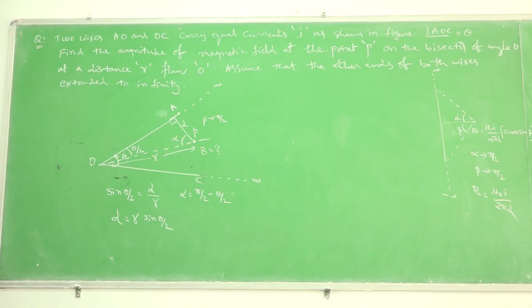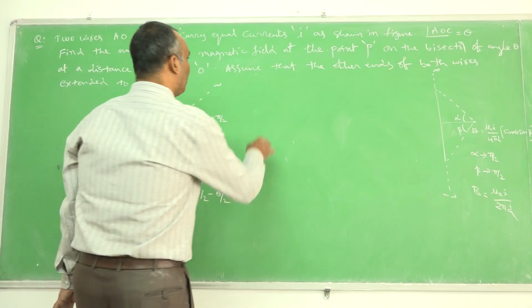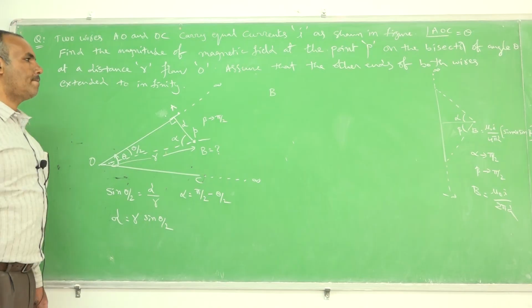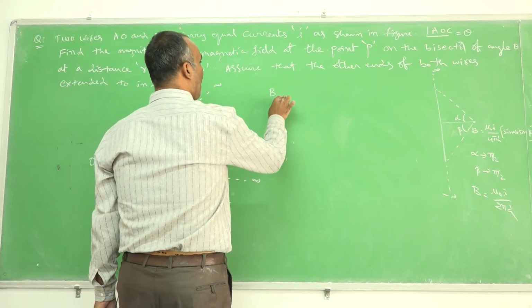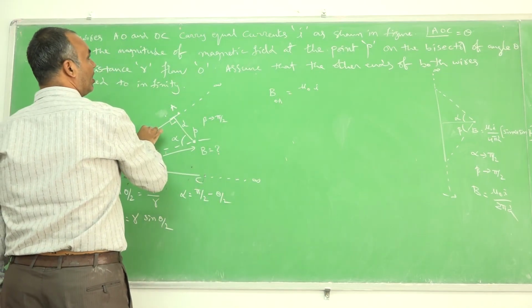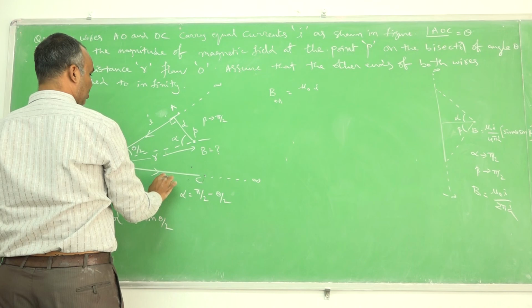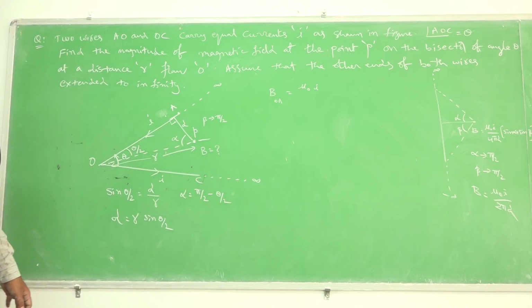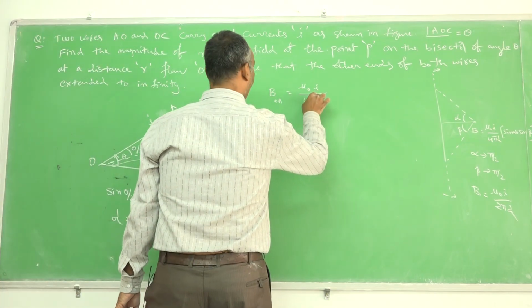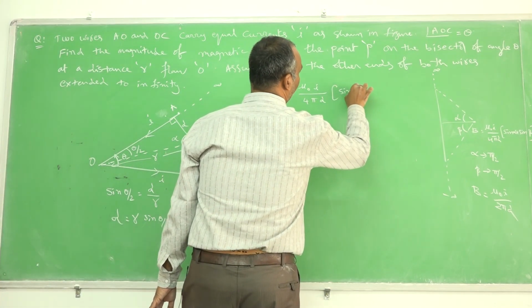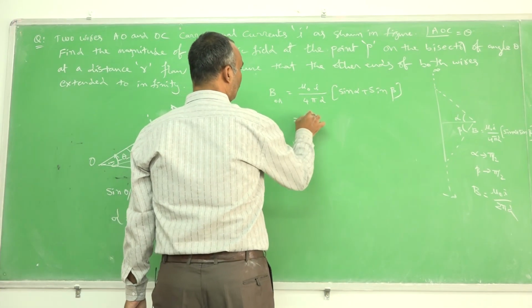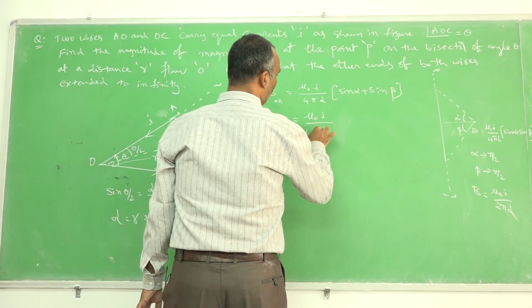As per the general formula, the strength of the magnetic field because of the first one, OA, is given by mu naught I by 4 pi d (sin alpha plus sin beta), where I is the strength of current carried.